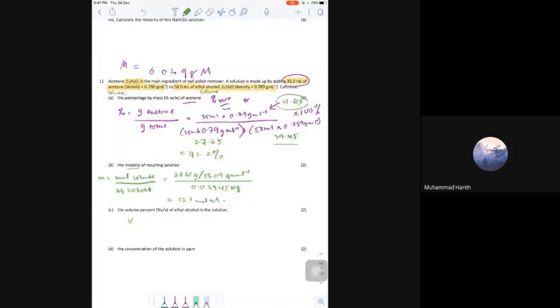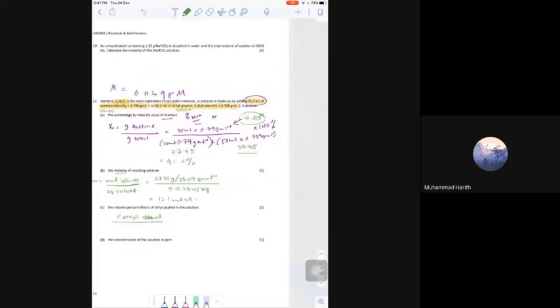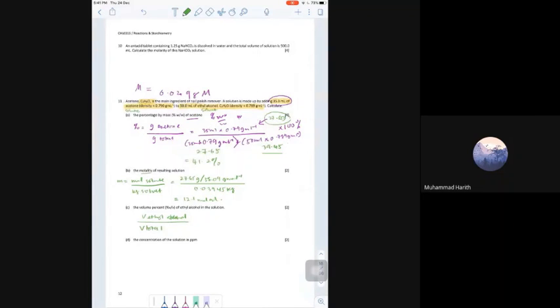So V of the ethyl alcohol over V total. V ethyl alcohol just now is 50 ml. Divide by 50 plus 35, multiply by 100%. So the volume over volume is 58.8%.